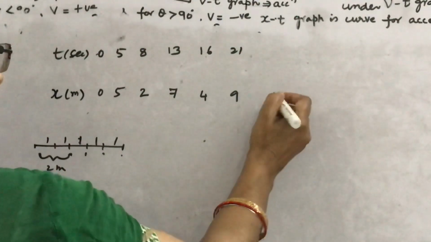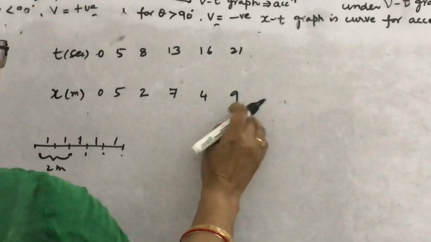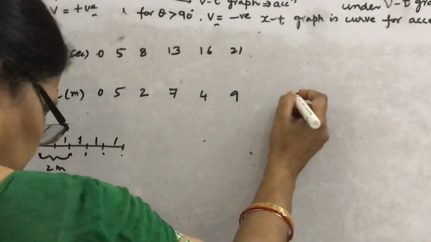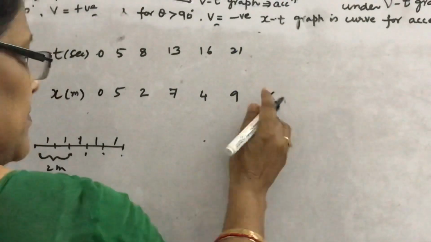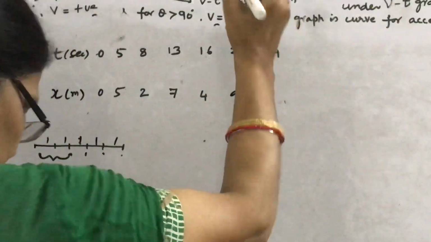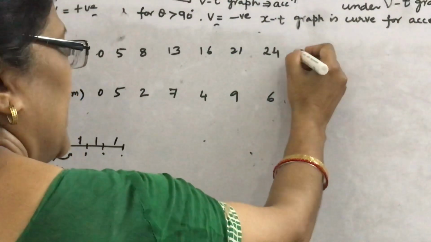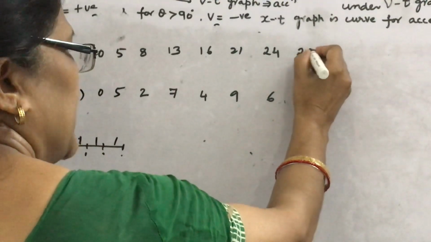Then again in this way you will find he walked 9 meters. Then 9 minus 3 meters back, so the table will become 6, and here 21 plus 3, 24. Then again 6 plus 5, 11 meters. Here 24 plus 5, 29.